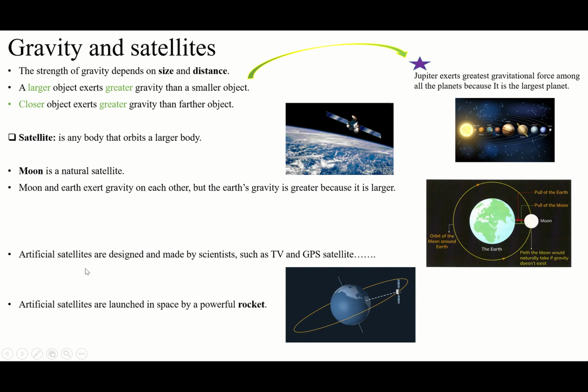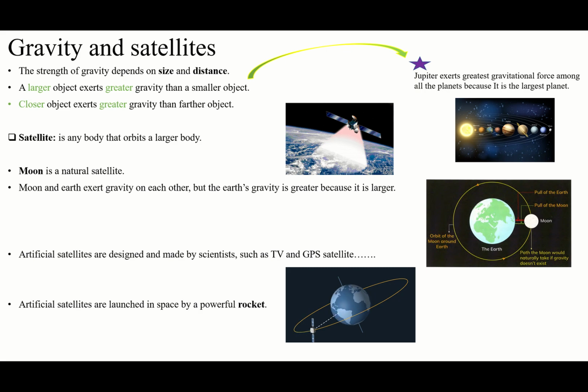So that's an artificial satellite. Natural means it already existed, but when you say artificial, it means humans made it, science made it. So artificial satellites are designed and made by scientists. Like we have TV, GPS, and we can use this GPS in many places, on a ship, in a car, and in different places.